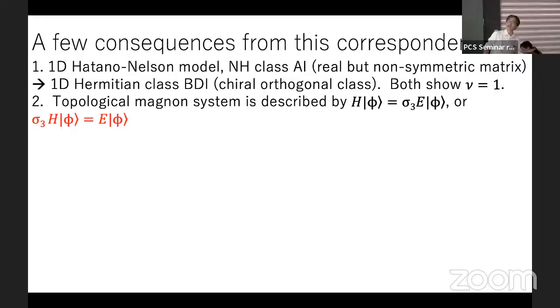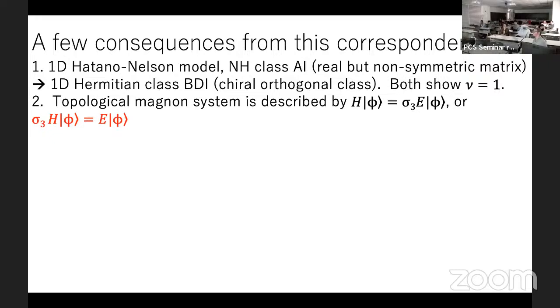A more non-trivial case is the topological magnon system. In the topological magnon system, the magnon number is not conserved. So it is described like the Bogoliubov-de Gennes equation, where the magnon wave function times Hermitian H is equal to sigma 3 times E phi. If we multiply by sigma 3, both sigma 3 and H are Hermitian, but they do not commute.